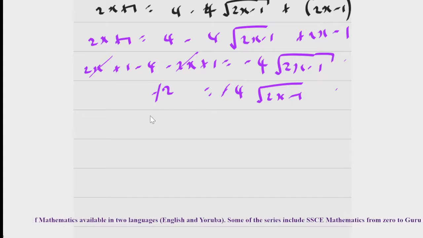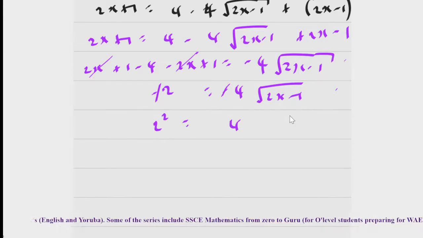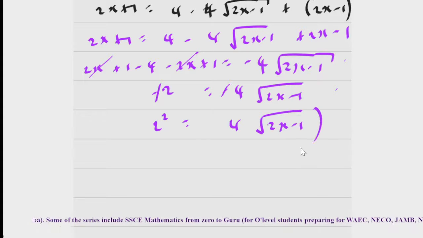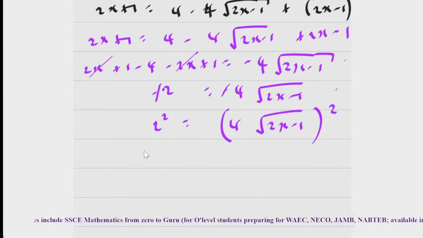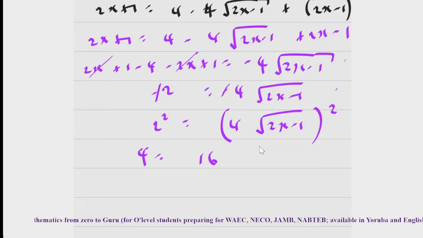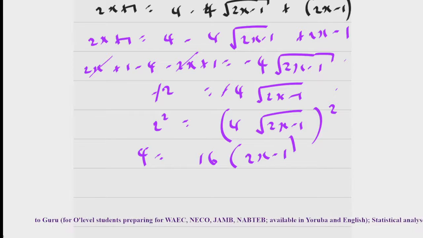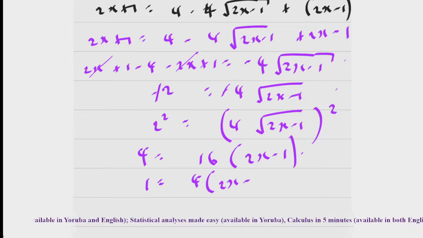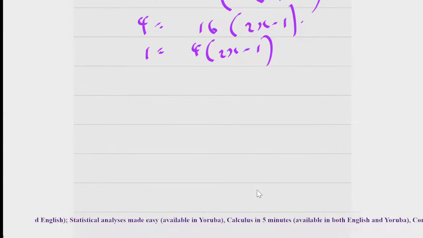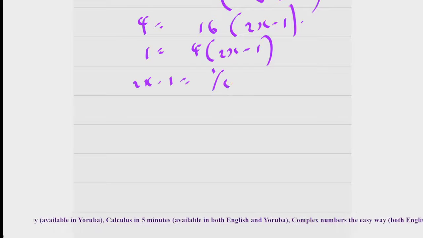So if you now square both sides to get rid of this radical, then you have 2 squared is equal to 4 root of 2x minus 1, everything squared. That is 4 is equal to 16 times 2x minus 1. If you proceed further, you just divide through by 4, this one will be 1 is equal to 4 times 2x minus 1. You understand now? Then you have 2x minus 1 is equal to 1 over 4 when you divide through by 4.